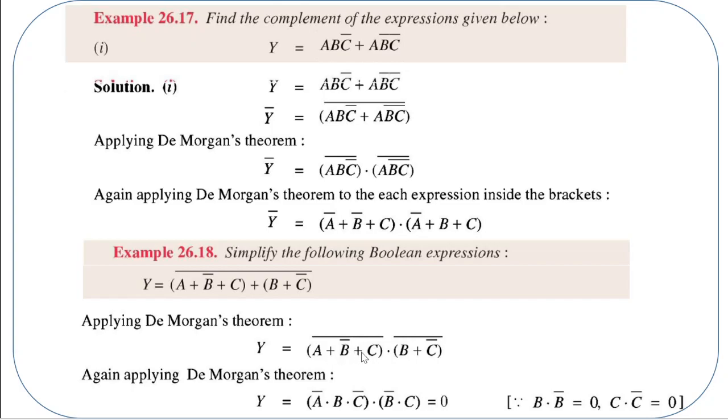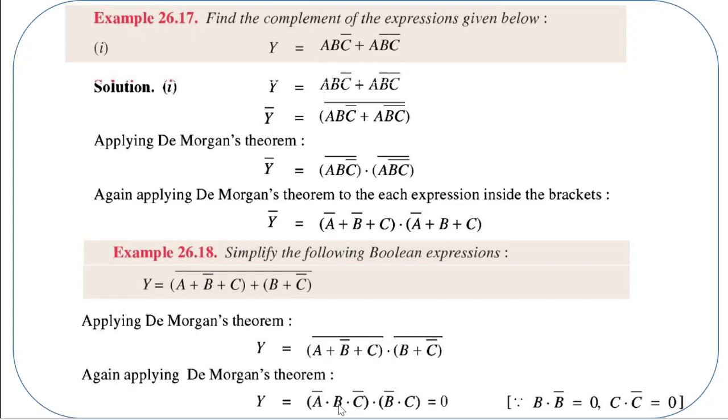This is nothing but the product of the complements. So A complement dot B double complement is nothing but B dot C complement. Then you have the dot here. Here once again you have the complement of the sum, which is nothing but the product of the complements. So B complement dot C.